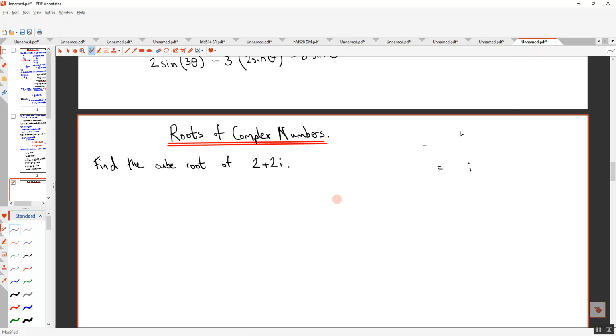And if there's going to be 3, there's going to be 3. So the way we go about it, your very first step always, step 1, change into polar form.